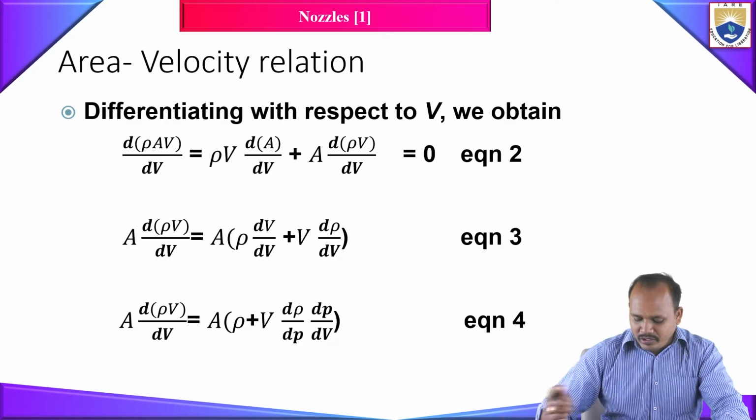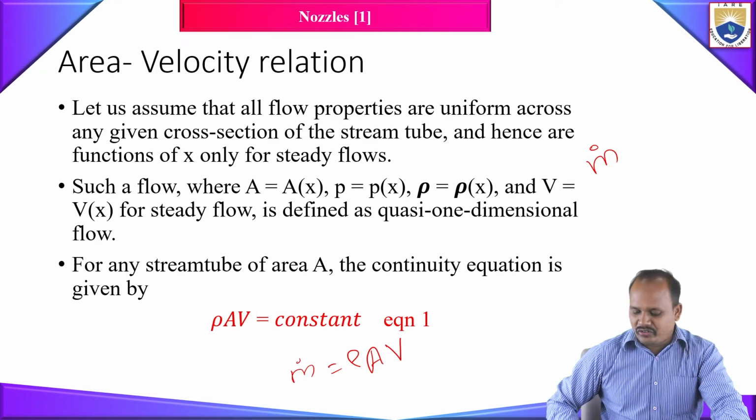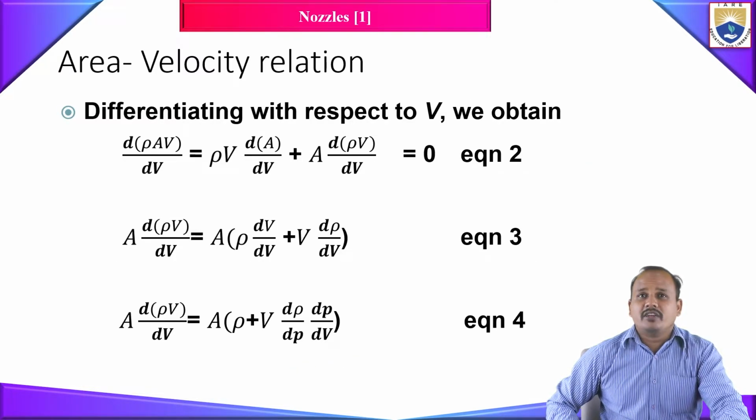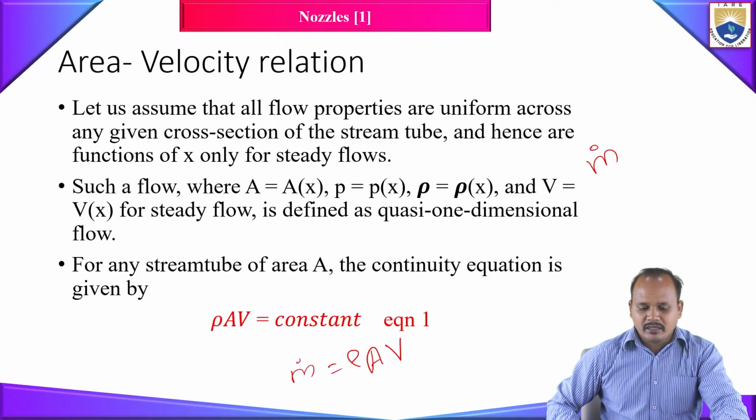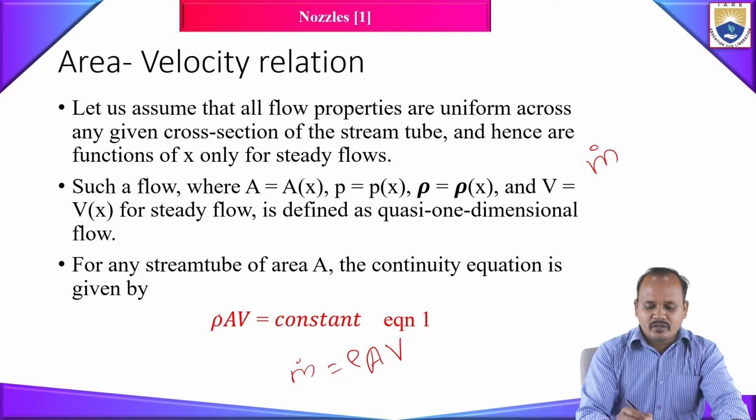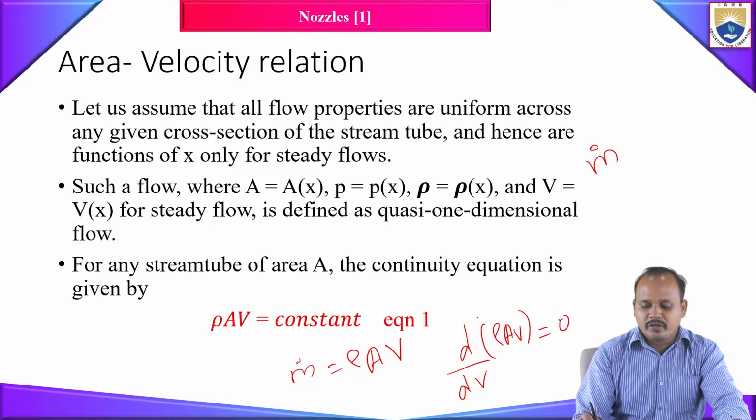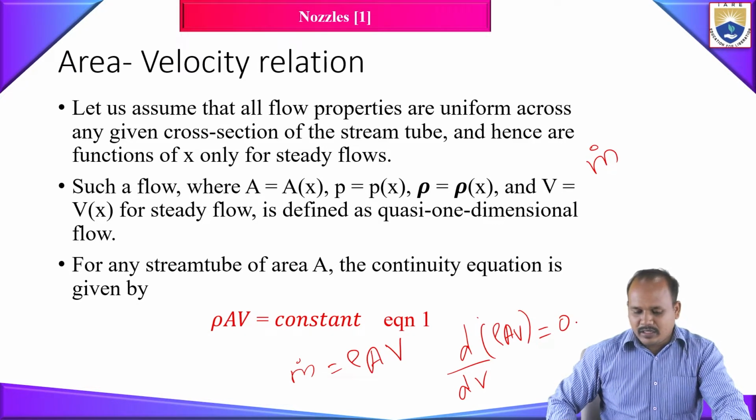Now I'm going to differentiate this continuity equation with respect to velocity v. So d by dv of rho A v is going to be equal to 0, because the other side is constant.